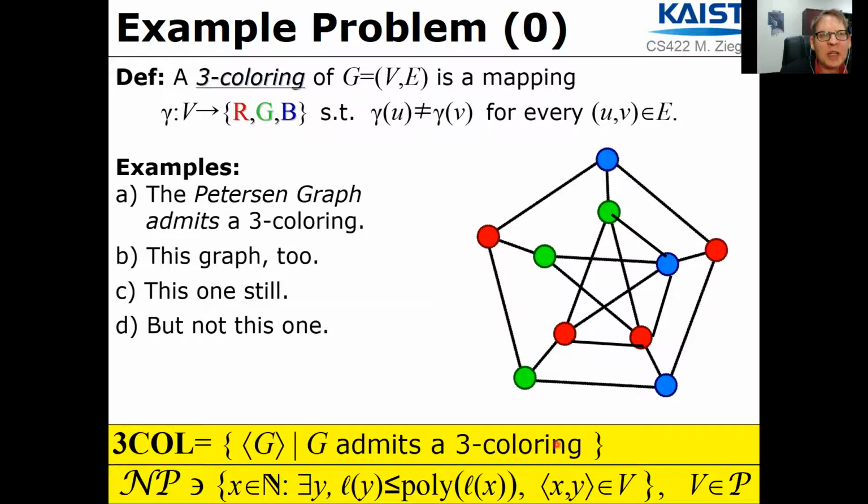It can be formulated equivalently as a set of all graphs to which there exists some certain witness, which we here call Y. This is because we've introduced the class NP as a syntactic class, a class which is defined in a certain form, and in order to show 3-colorability as a part of that class, we need to reformulate 3-colorability in this form, and that's actually not too hard, because what would we introduce as witness and what would we introduce as verifier?